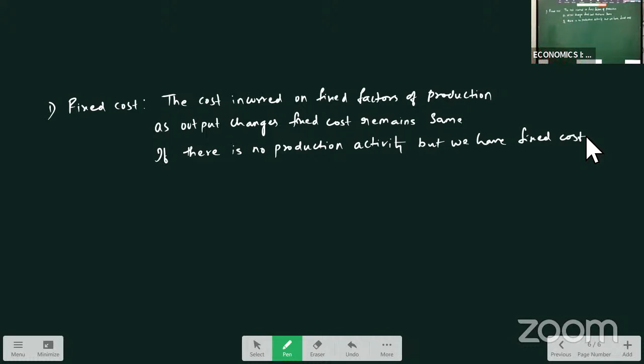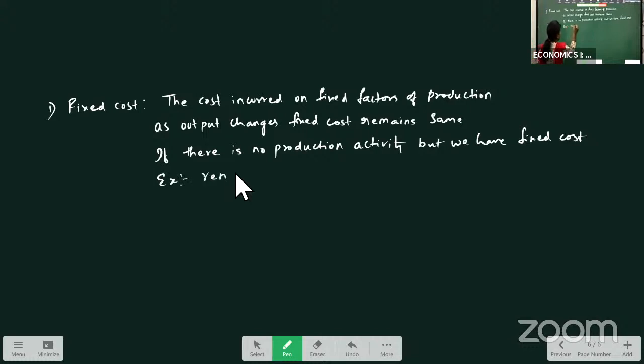You have incurred the cost for your purchase of machinery. So it does not depend on your output. There is no production activity, but still we have the fixed cost. Examples for fixed cost are plant and equipment, rent on building, interest, depreciation, etc.